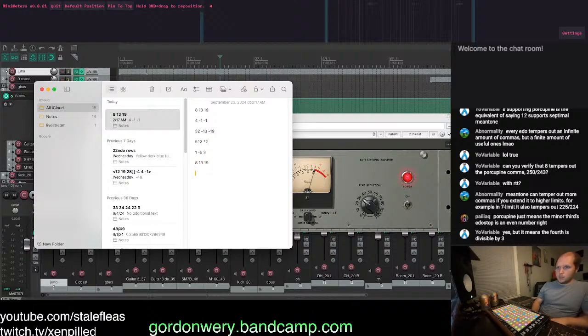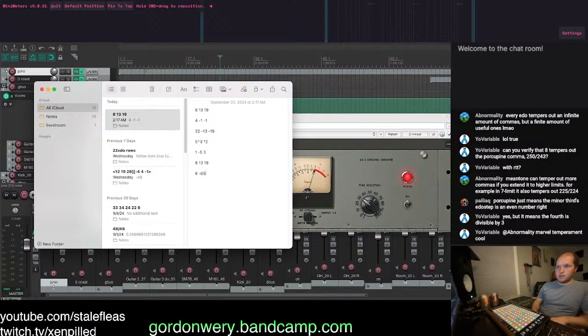So we have 8, -65, and then 57. What is 8 plus 57, 65? That sounds right. So yeah, it does. So the minor third's Edo step is an even number.